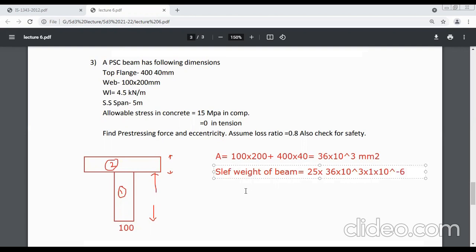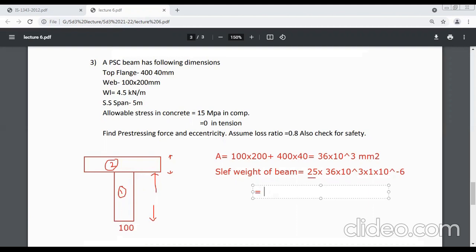Okay, so you get the self weight of this beam. How much is the self weight of beam? 25 is the unit weight of concrete. Keep in mind, 25 is the unit weight of concrete. Tell me the self weight of beam, how much? 25 into 36 into 10 raised to the power 3 into 1 into 10 raised to the power minus 6.